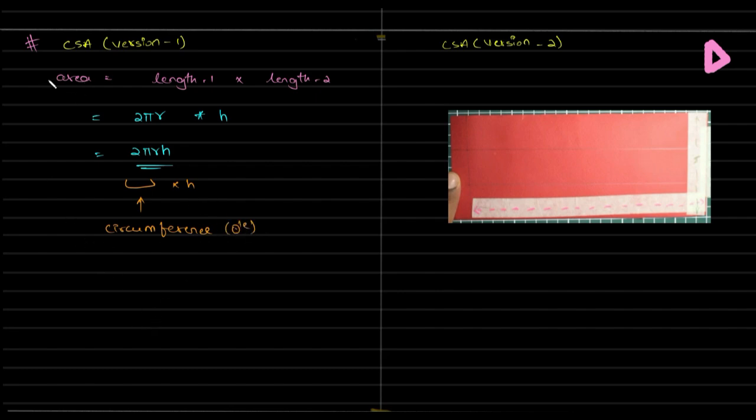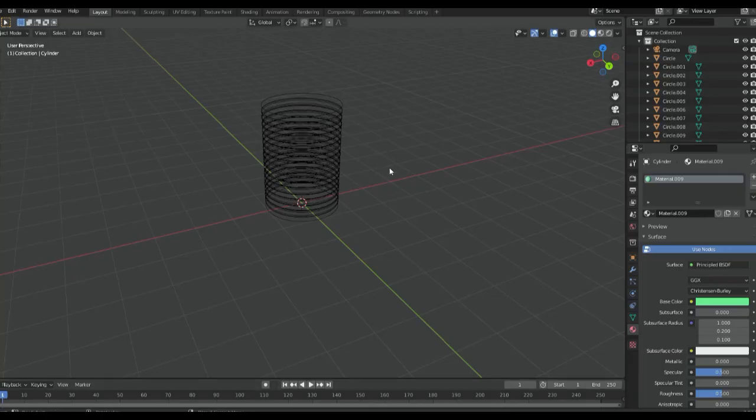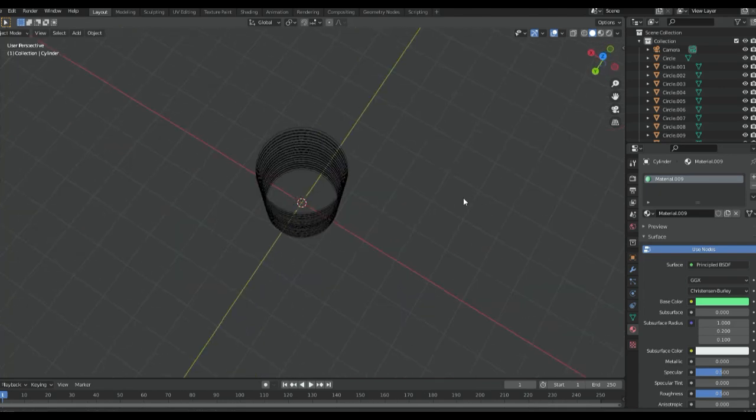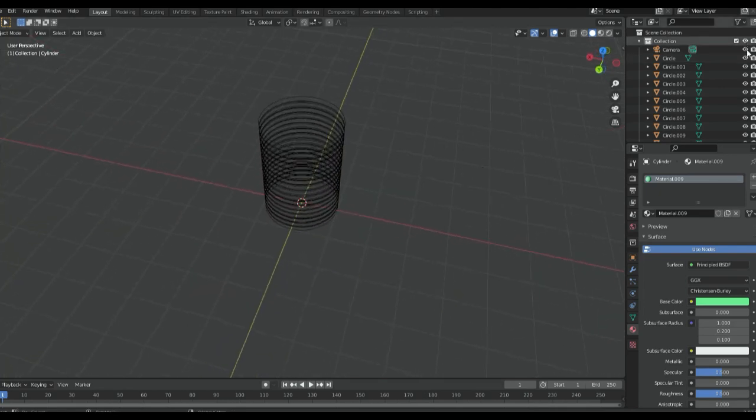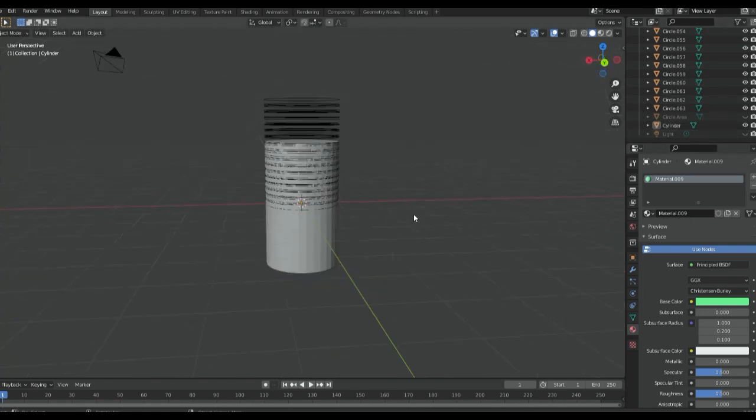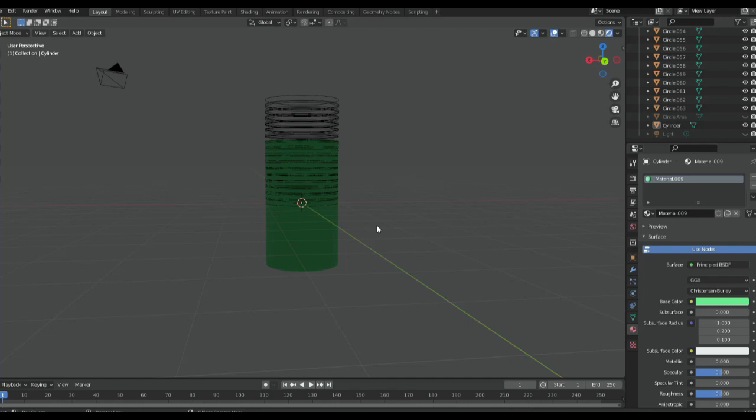This would give you the curved surface area of the cylinder. Remember, sorry, I did not mention this. We are talking about curved surface area. Okay, we're not talking about the entire cylinder. We're just talking about the curved surface area part.